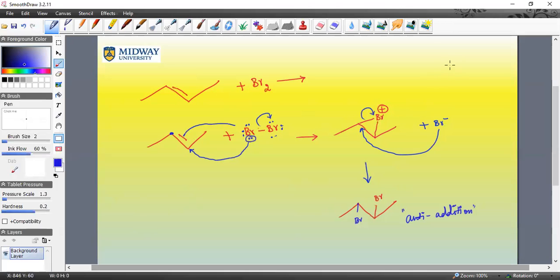This is precisely the reason why I'm teaching this particular reaction. This is exactly what will happen in your eugenol when you add your bromine water. The double bond would go through this sequence of reactions, and that's what would decolorize your bromine water. Bromine water is a reddish-brown liquid, and that color would fade away, which indicates the presence of a double bond.